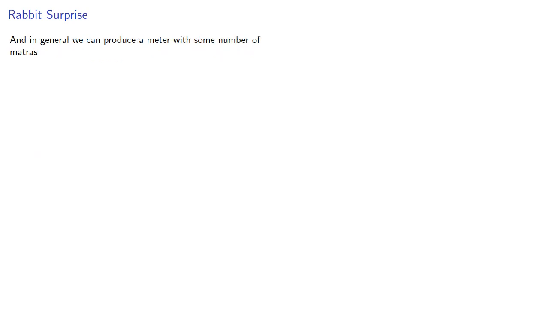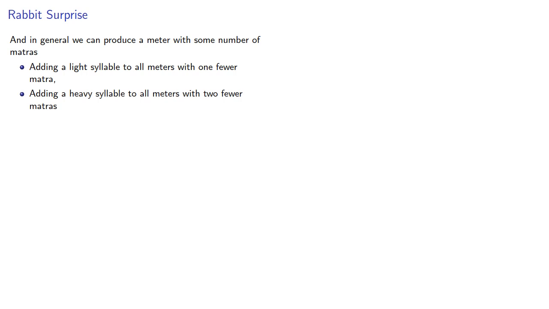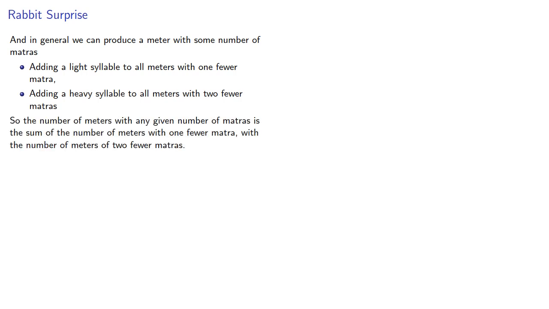And in general, we can produce a meter with any given number of matras by adding a light syllable to all meters with 1 fewer matra, or adding a heavy syllable to all meters with 2 fewer matras. So the number of meters with any given number of matras is the sum of the number of meters with 1 fewer matra and the number of meters with 2 fewer matras.